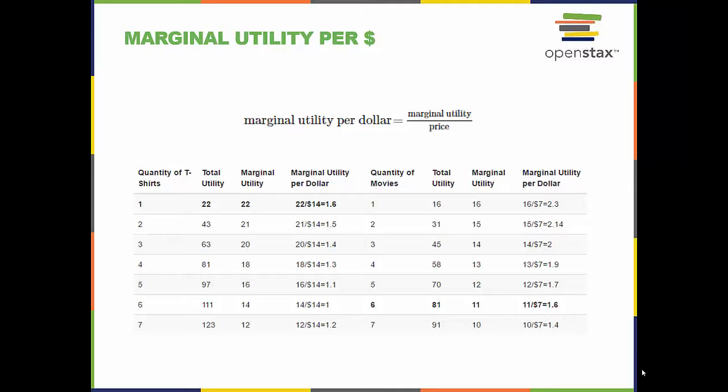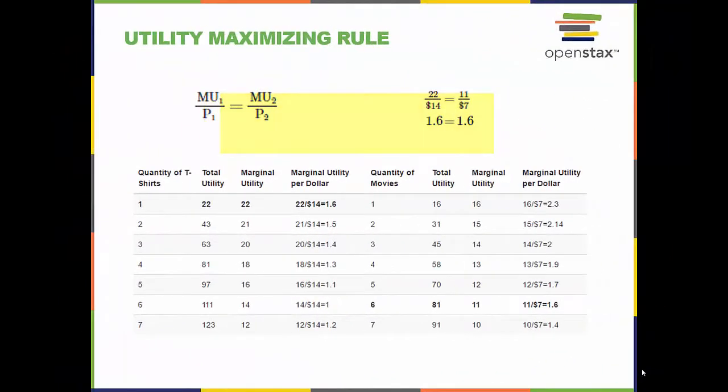We can calculate the marginal utility per dollar by dividing the marginal utility by the price. Now that Jose is able to compare t-shirts to movies based on the marginal utility per dollar, he can apply the utility maximization rule, which is that utility is at its greatest if we consume at the combination where the marginal utilities per dollar of each product are equal.